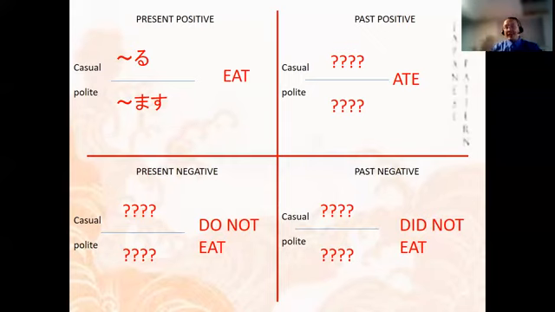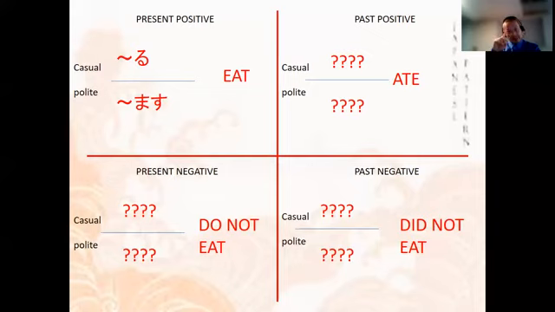It's not impolite. Don't get me wrong, it's not impolite at all, just informal and casual. But when you talk to somebody you don't know well, like your boss, your teacher, or whoever, the situation needs you to be a little bit more formal and polite, so you will conjugate to the masu form.